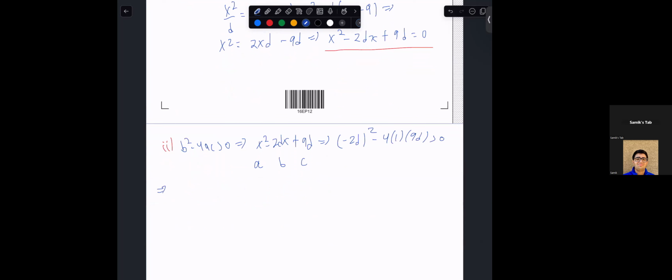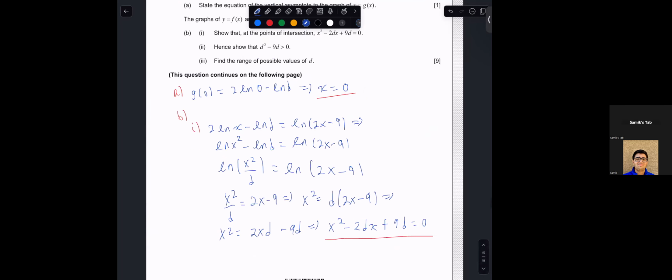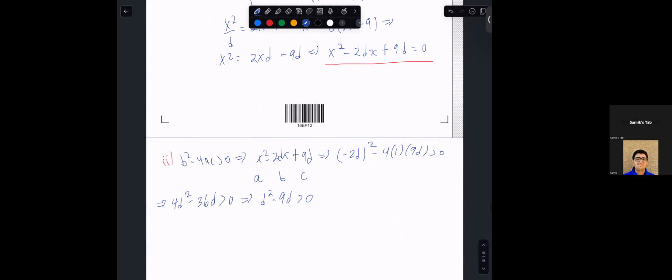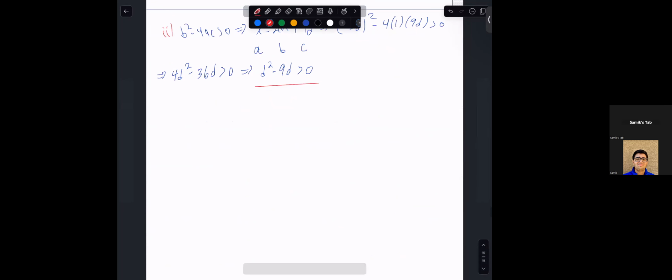Simplifying this, we have 4d squared minus 36d is greater than 0. Divided by 4 on both sides, d squared minus 9d is greater than 0. We proved that.